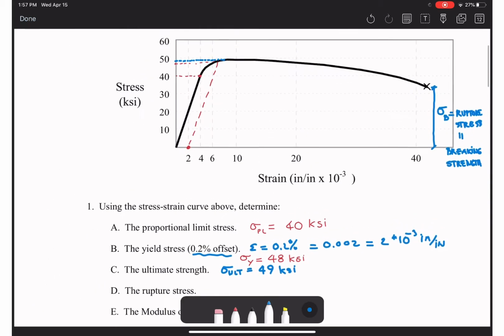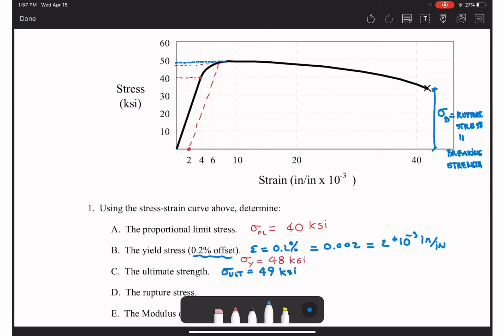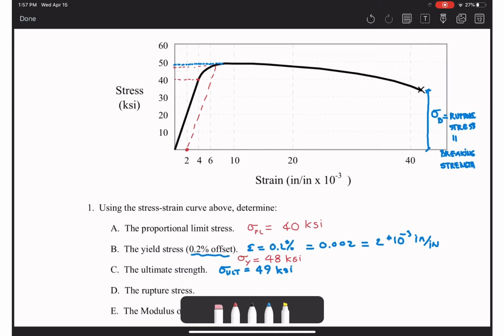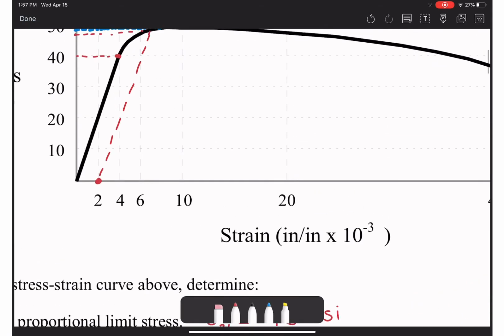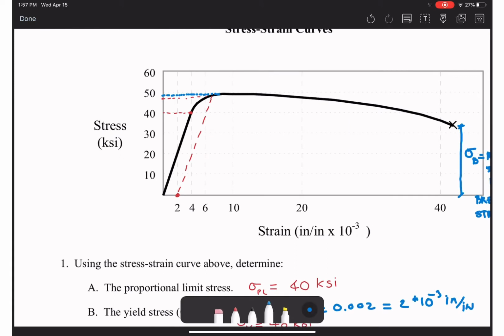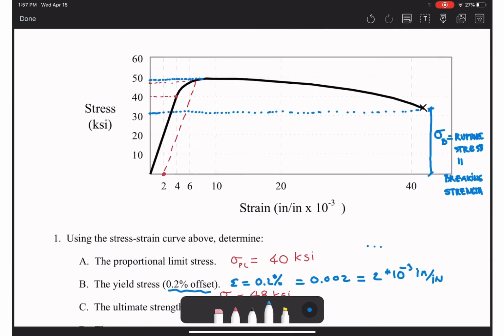As you can see, for that rupture stress, we take the blue one and look at what happened there, go to the vertical, and that gives us the rupture stress.